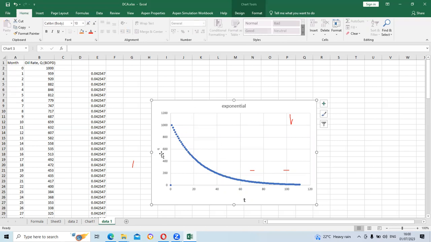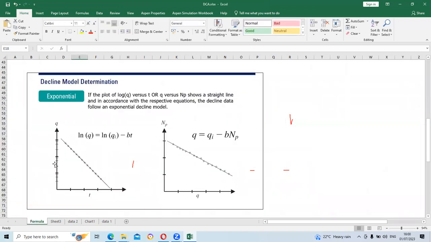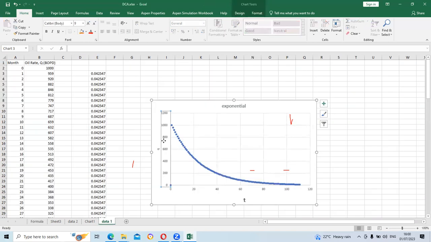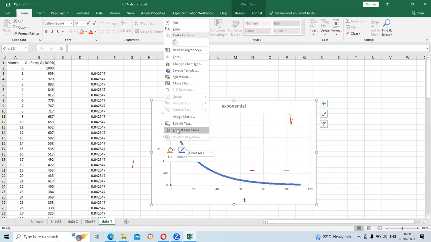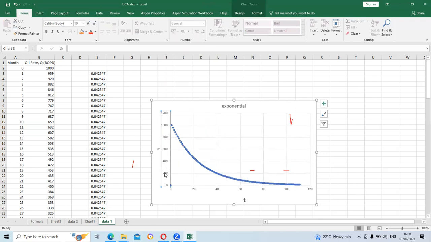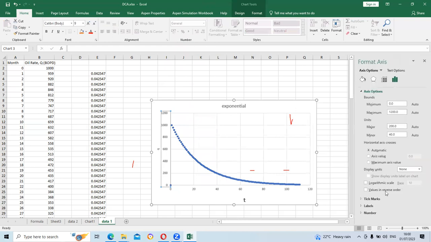I did not adjust it, but remember that this axis is supposed to be the log of the rate. So I'll come here, highlight it, and take Format Axis. Once you open it, you see here, logarithmic scale.